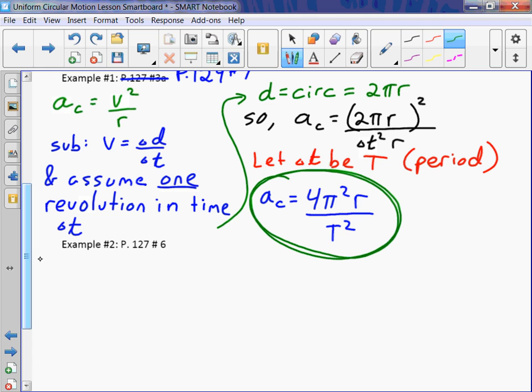One of the r's cancels out, so you get 4 pi squared r over T squared. That's version number 2 of the equation.